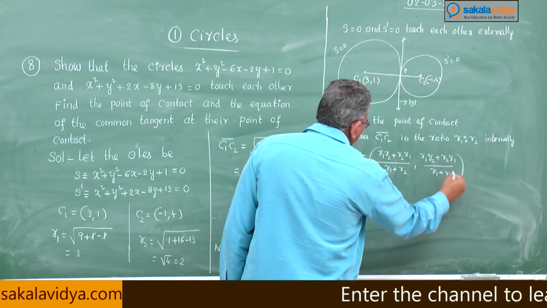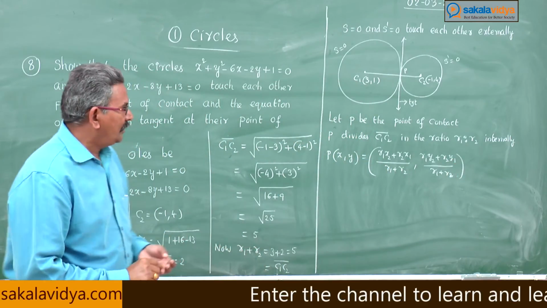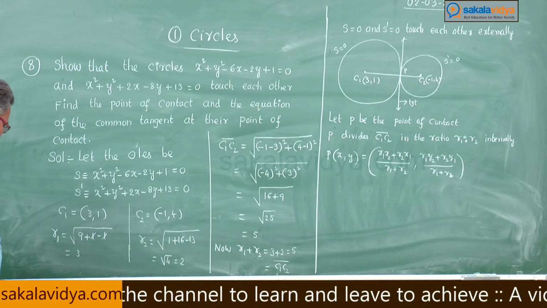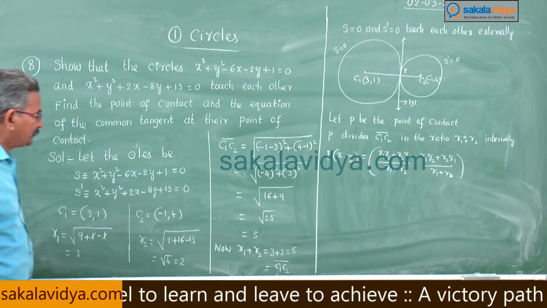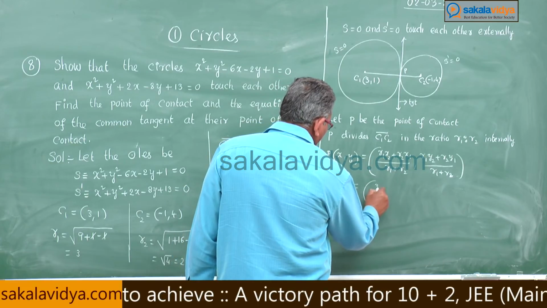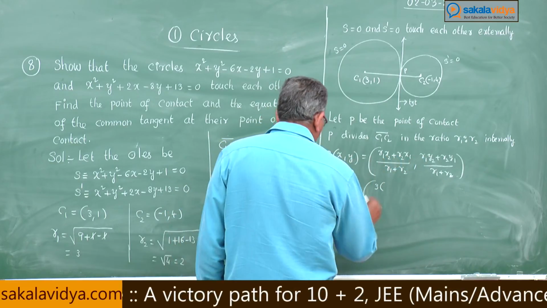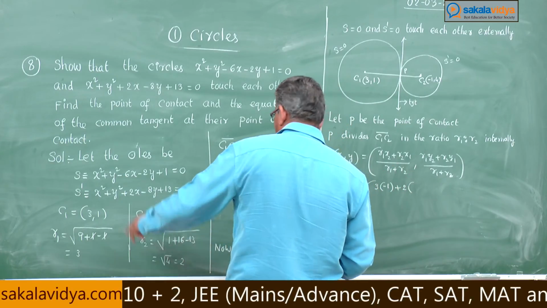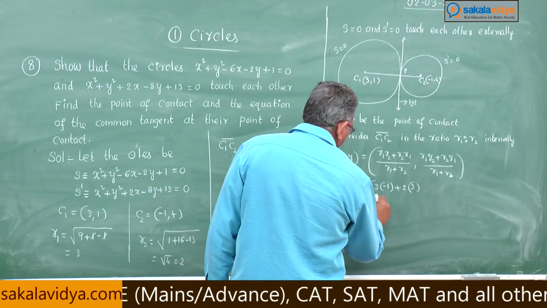This formula we have to remember. Now, replace the respective values. R1 means 3, R2 means 2. So, this is equal to 3 multiplied by x2, which is minus 1, plus R2, 2 multiplied by 3, by 3 plus 2.